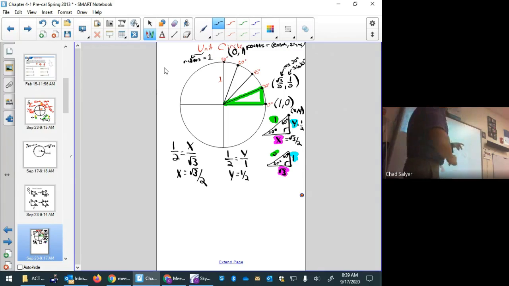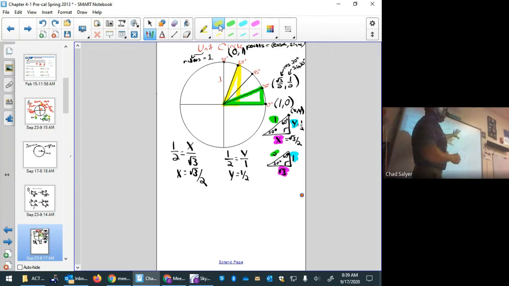And in fact, we've really already found 60 degrees too. Do you see how if I were to color in the triangle for 60 degrees, it's the same as the green triangle, flipped the other way? It's also a 30, 60, 90. It's just the x and the y are interchanged.